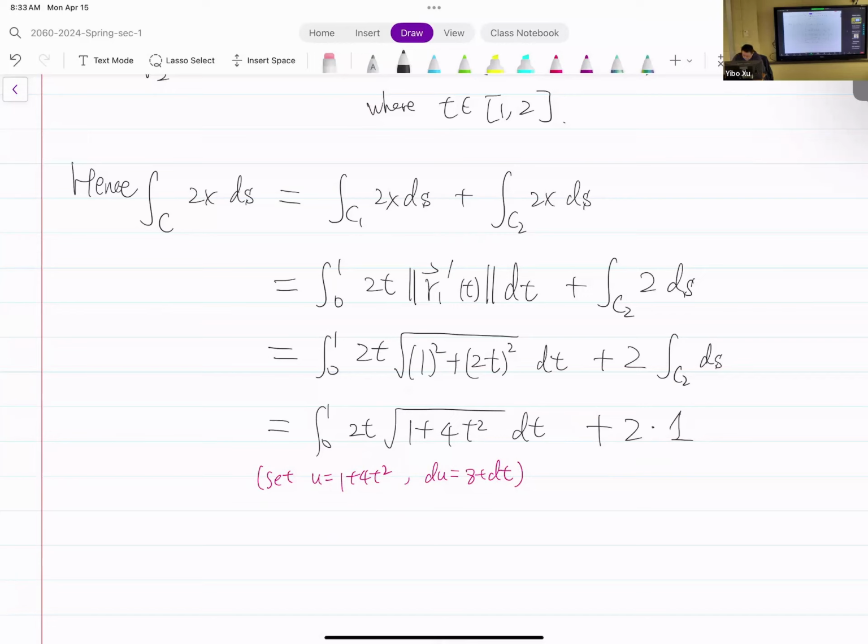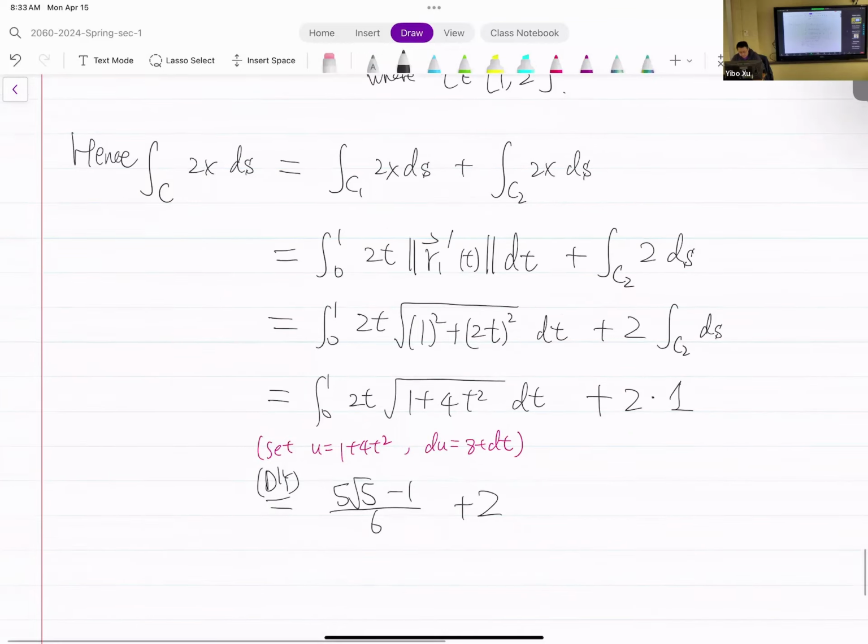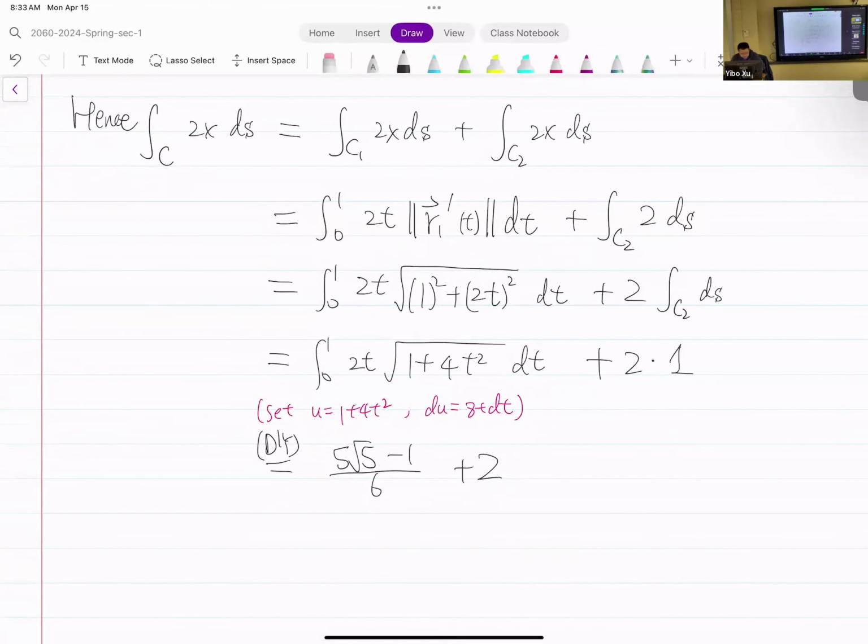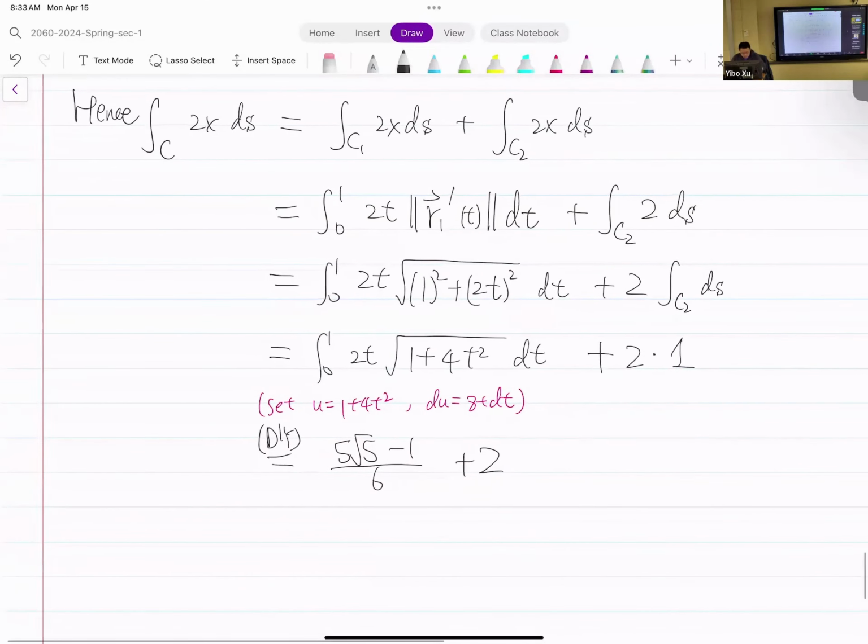And then we just evaluate. Make sure to double check. The final answer for the first integral should be (5 square root of 5 minus 1) over 6, and for the second one it's just 2. The answer is the sum of these.